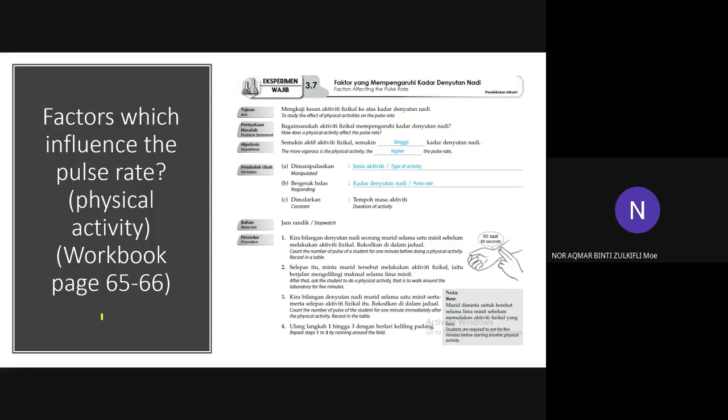Okay, now let's look into the experiment. It is wajib, which means you are compulsory to do this at home during this MCO. So, what are the factors which influence the pulse rate? This one is focused on physical activity. Okay, please finish this work in your workbook and then write it in a test pad as a lab report.